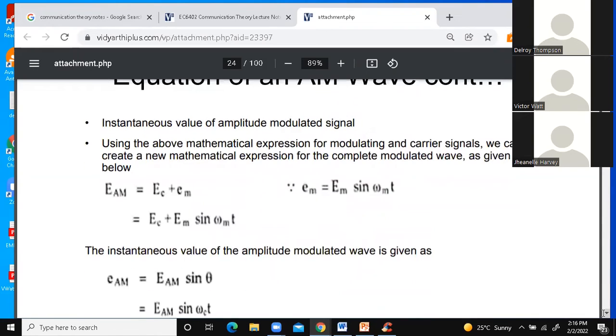So this is the AM signal: carrier signal plus your modulating signal.